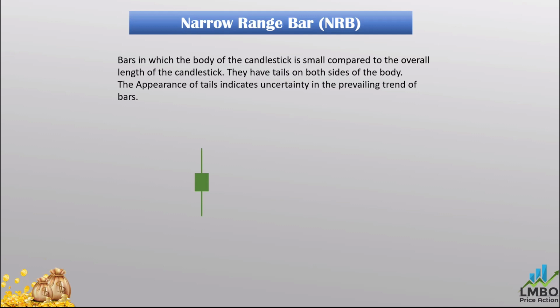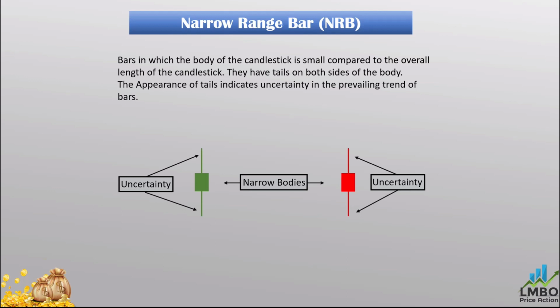We will use only the WRB, wide range bar candles, because in the NRB there is uncertainty. Uncertainty means there can be so many losses inside the same setup. The bearish candle of the NRB looks like that. You can see the spinning candle, which has bigger wicks, and sometimes it will not be a spinning candle but any other type of candle like a doji, but this type of candle we are not using in our strategy. Bodies are narrow, uncertainty is there.